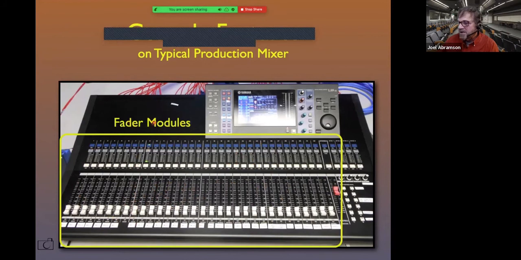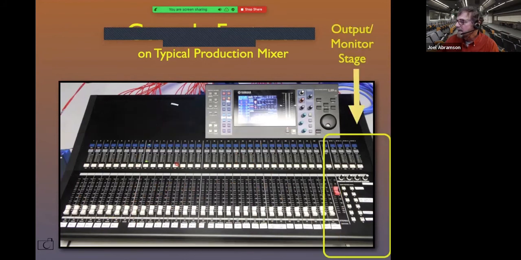Our next section is the output and monitor stage. So all of these fader modules eventually go to this red fader right there, and that's the final output. This also controls the monitors.